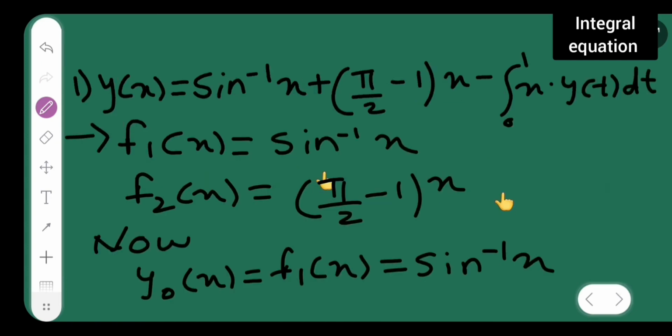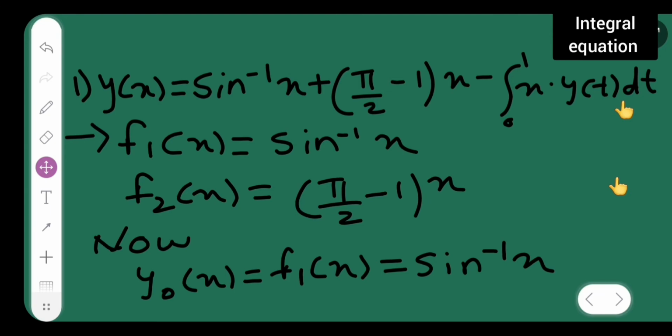Let me start with this. So y(x) = sin⁻¹(x) + (π/2 − 1)x − ∫ from 0 to 1 of x·y(t) dt.